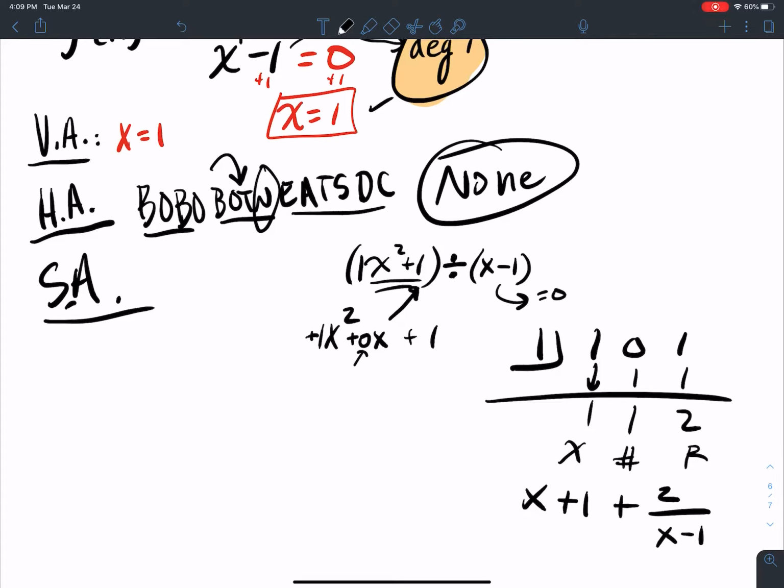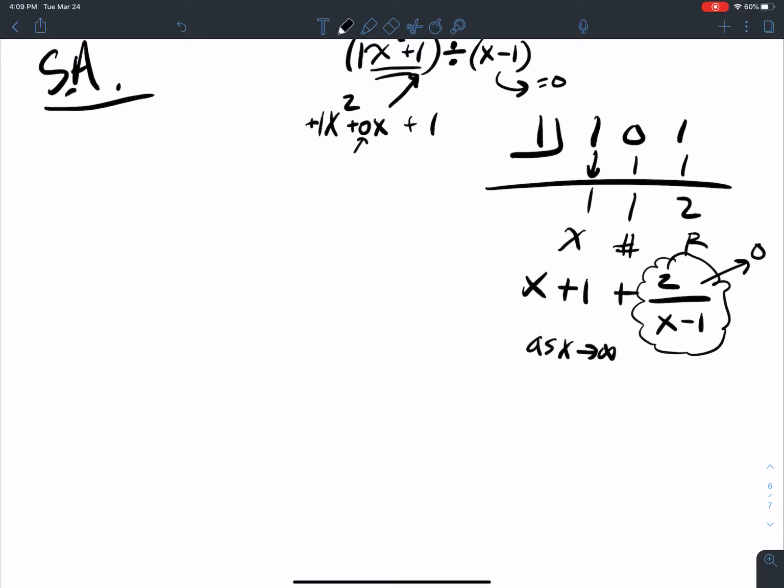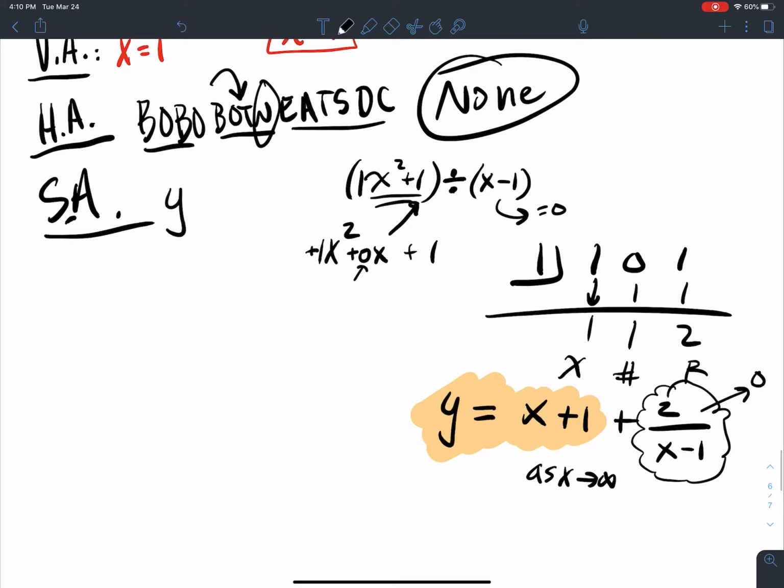So as x gets really big, this remainder goes to 0. So this remainder goes away. So my slant asymptote is y equals x plus 1. That's how I do it. Slant asymptote: y equals x plus 1.